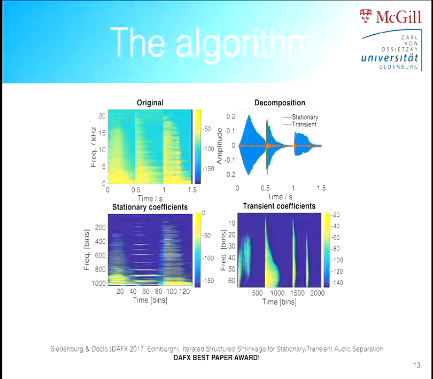Okay, in order to study this question, I'm using a newly developed algorithm, and I'm very glad to announce this. I'm just returning from Edinburgh. And here we use the different types of time frequency orientations in the spectrogram to parse away the transient component from the stationary component.